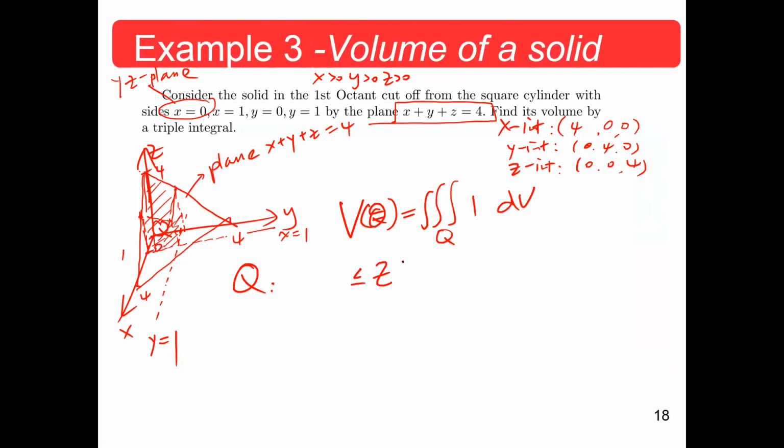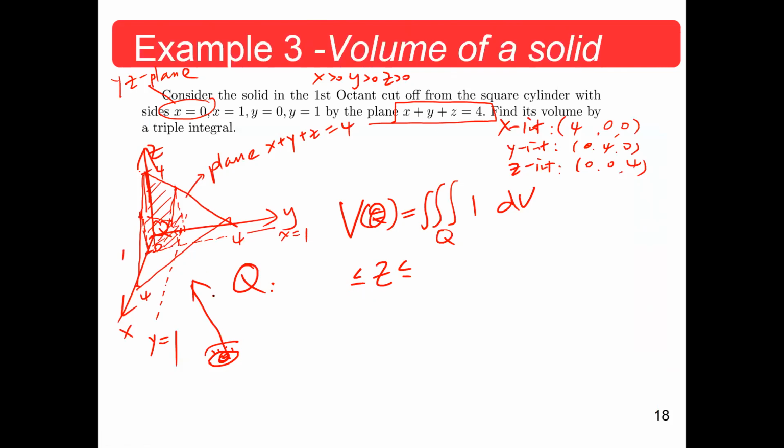Okay, let's see. The Q can be defined. First of all, let's check if Z is bounded by 2 values, 2 functions. Now the quick way you can do it is, suppose you have an eye here, and you're looking at the solid. So imagine you're looking at it from this end.